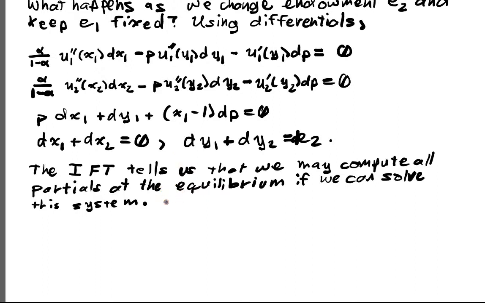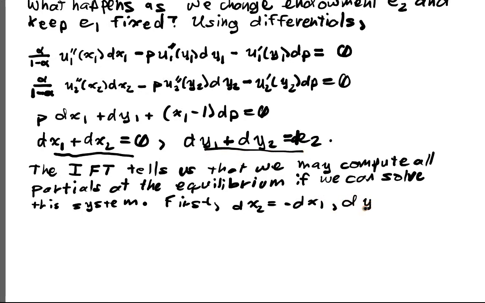So let's do it. First we note that this equation is going to tell us that dx2 is of course equal to negative dx1. And this equation tells us that dy2 is equal to dE2 minus dy1.